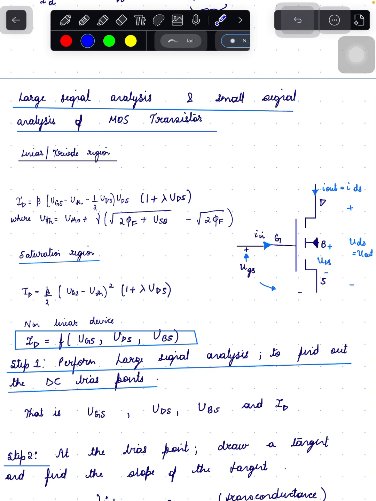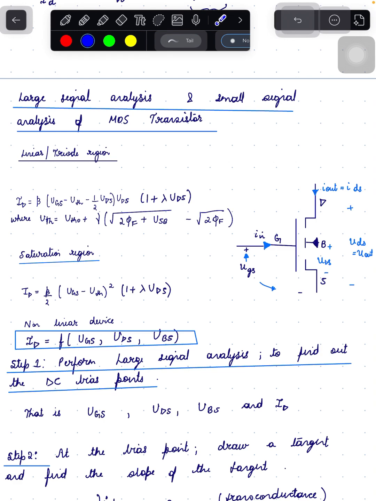From the equation of the drain current in linear region and saturation region, we can say that ID is proportional to UDS square, proportional to UTH, which has a square root term on USB. Hence, in linear region, the drain current is nonlinear.